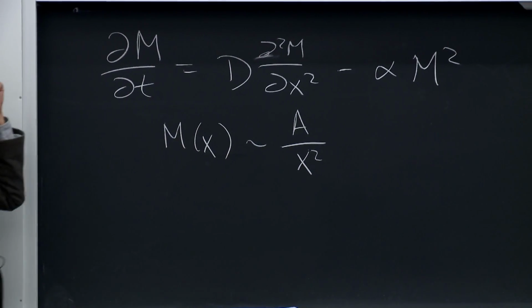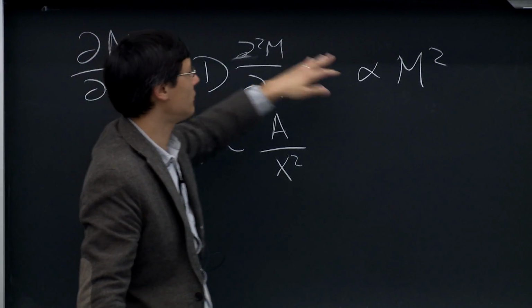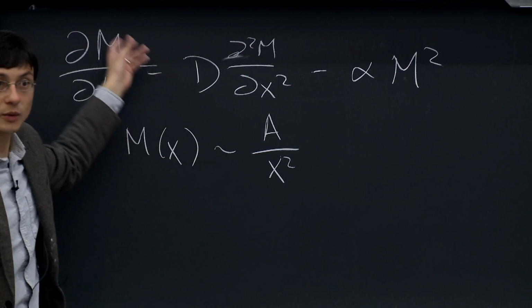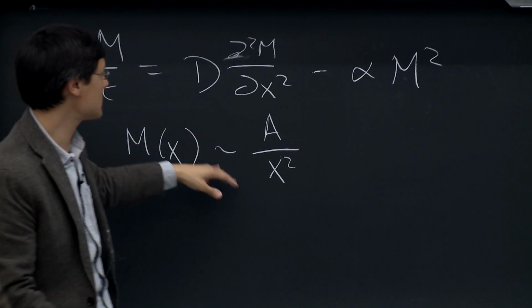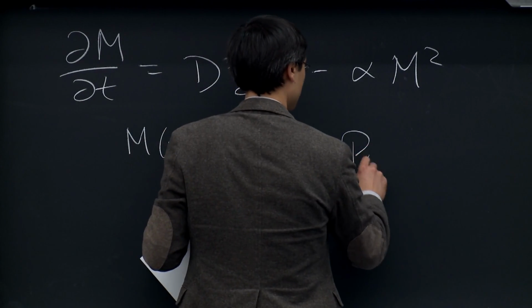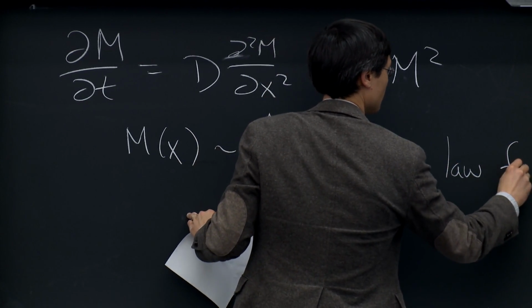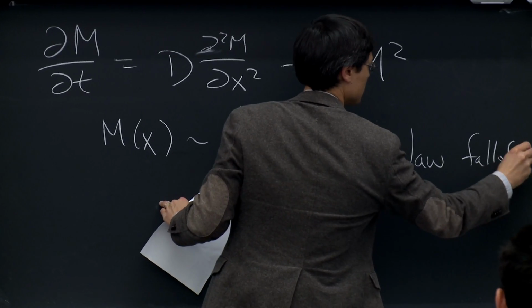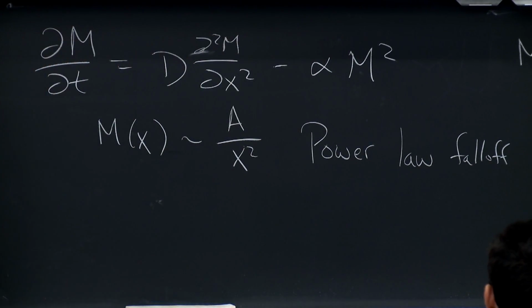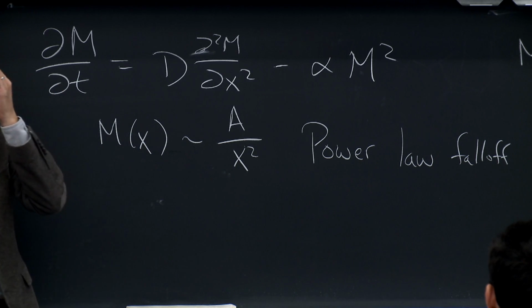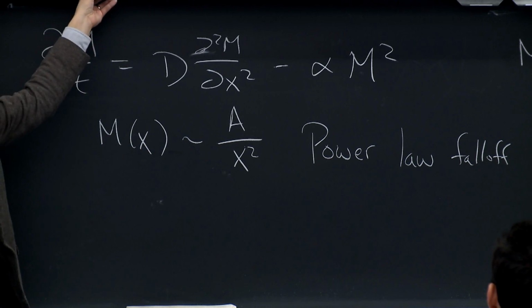And indeed, one of the problems in Uri's book is that if this is just degrading as m to some power n, then you can calculate what happens here. But this is some sort of power law fall off. Okay. So of course, it's falling off rapidly here, but not as rapidly as if it were an exponential.